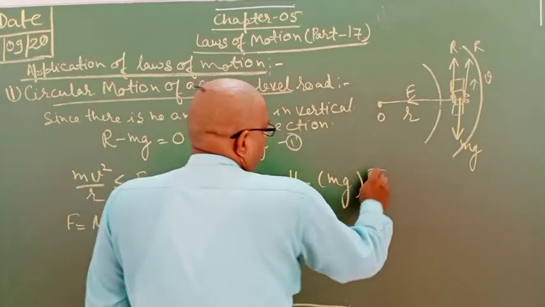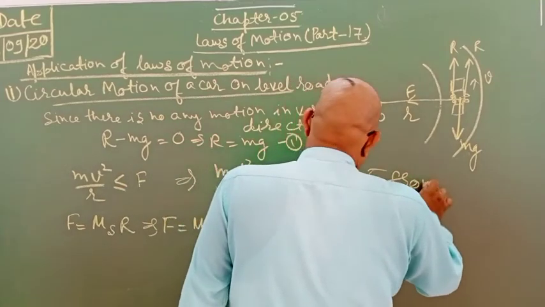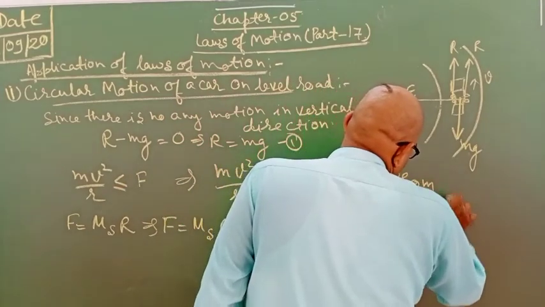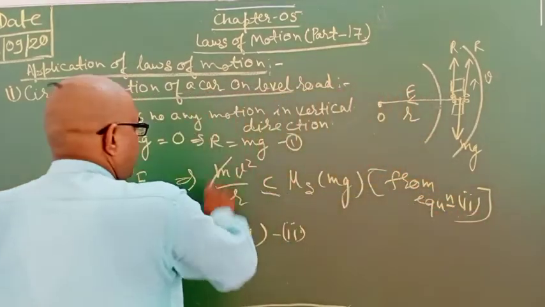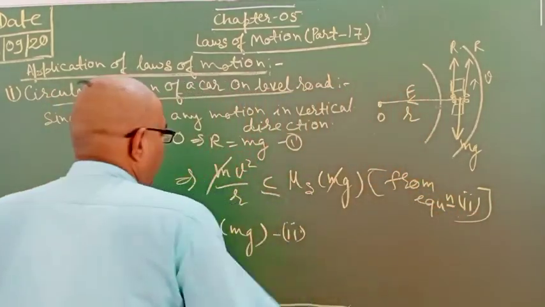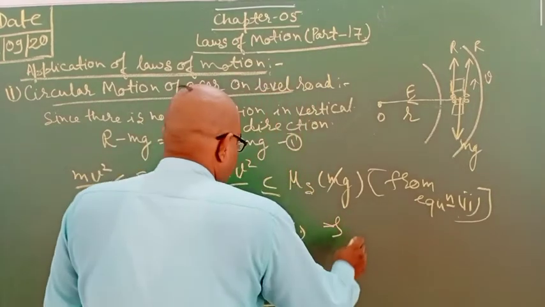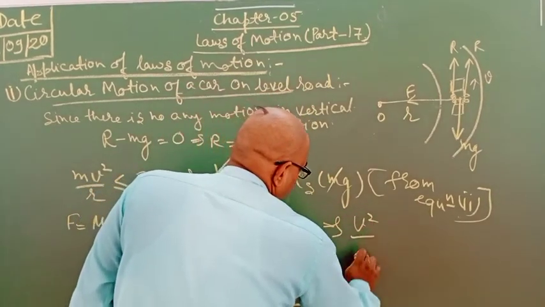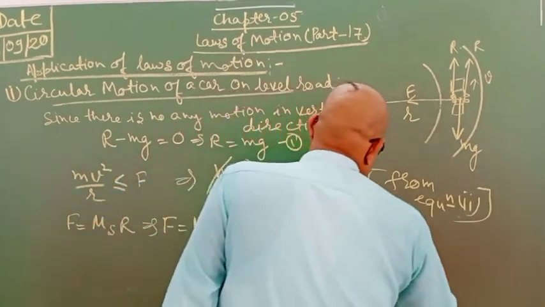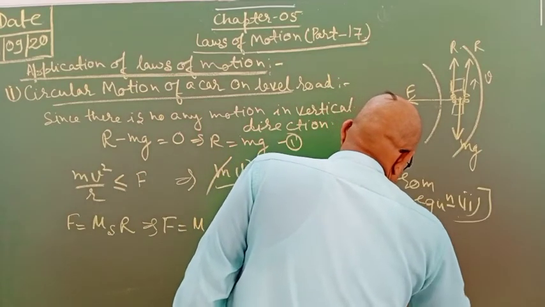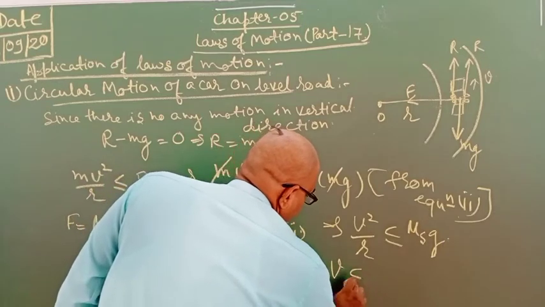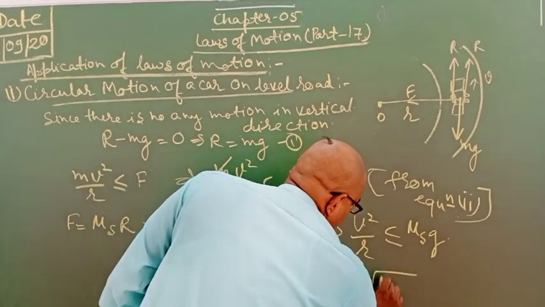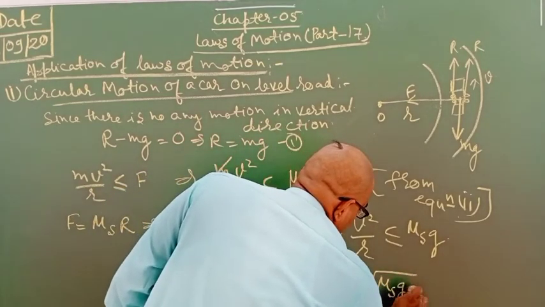From equation 2, m will cancel out, and we can write v square upon r is less than or equal to mu s g, and we can write it as v is less than or equal to under root mu s g r.